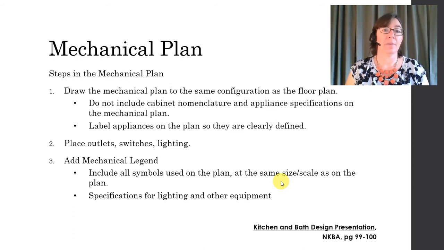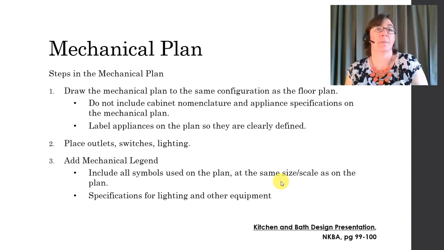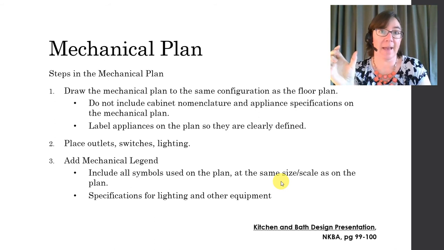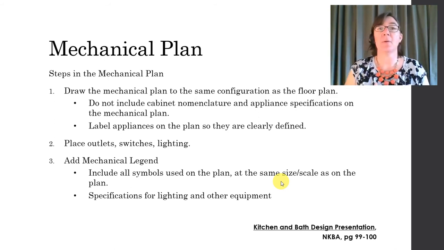You're not going to include the nomenclature and the specifications. Any appliances or fixtures that are on the plan, you label them. For example, you label a REF for refrigerator, but you don't have to put the full refrigerator specification on this drawing. Next, you're going to draw and place your outlets, switches, and your lighting.